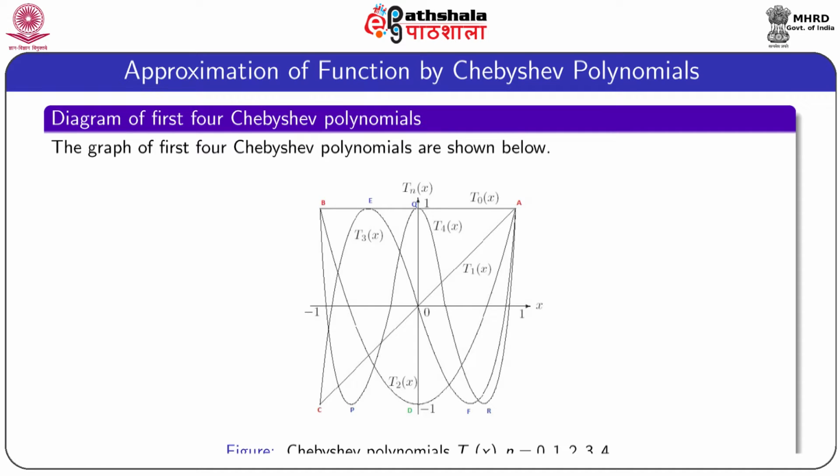The polynomial T3(x) is C to E to F to A, and the polynomial T4(x) is B, then P, then Q, then R and A. So, these are the first 5 Chebyshev polynomials, including the starting polynomial.